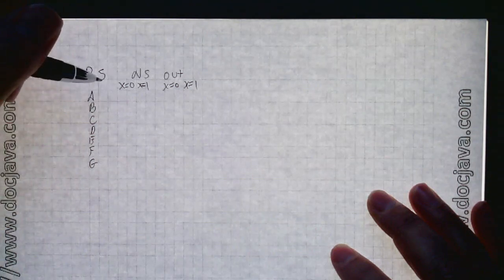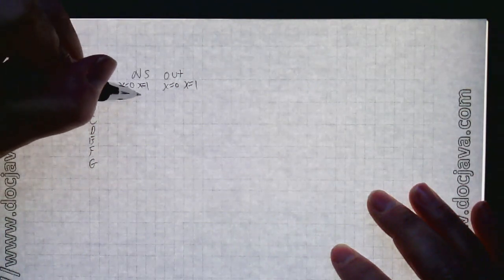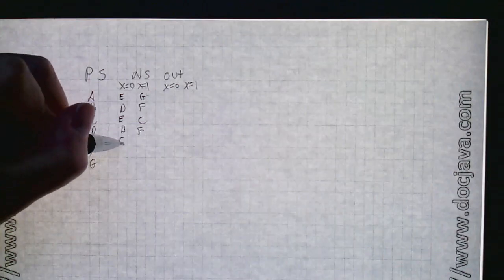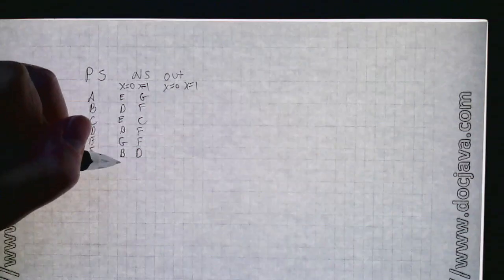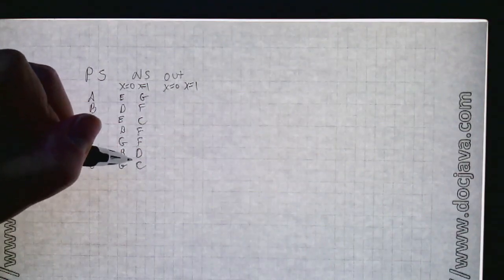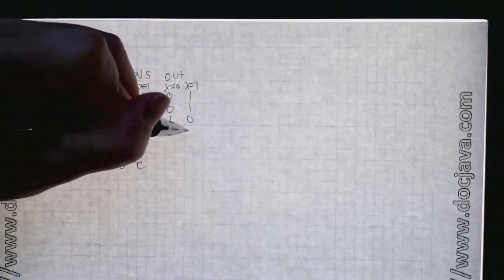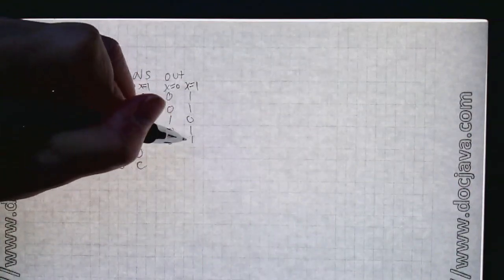And then for the next state, we're going to have EG, DF, EC, BF, GF, BD, GC with outputs 0, 1, 0, 1, 1, 0, 0, 1, 0, 1, 1, 0, 1, 0.